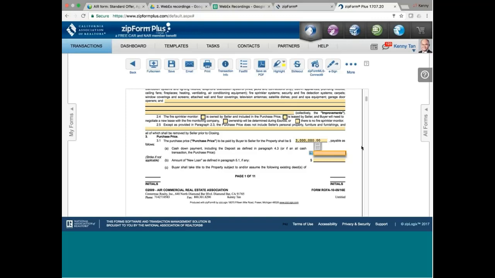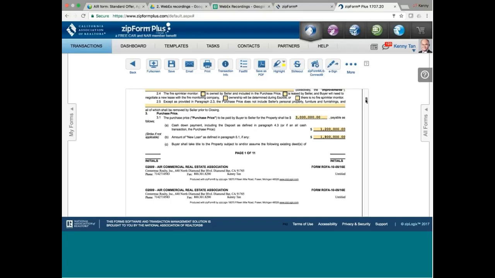Down payment is if the buyer has a loan, right? Loan typically for commercial, let's say 40% down, so $1.2 million. And then the loan amount will then be 1.8 million. That takes care of this one.